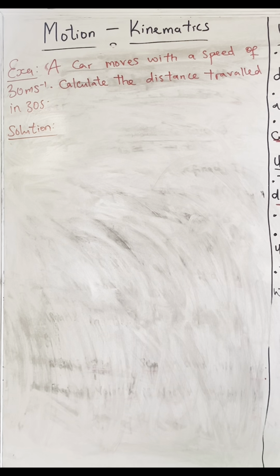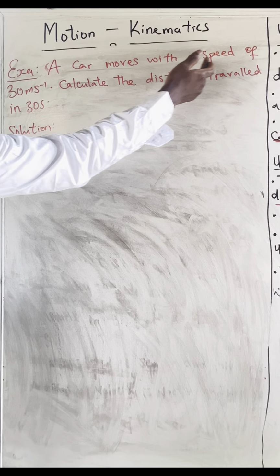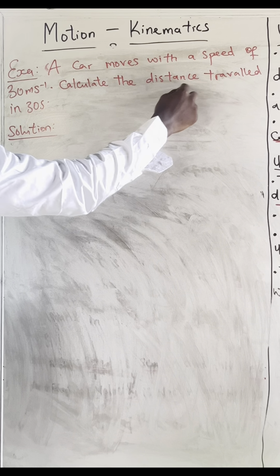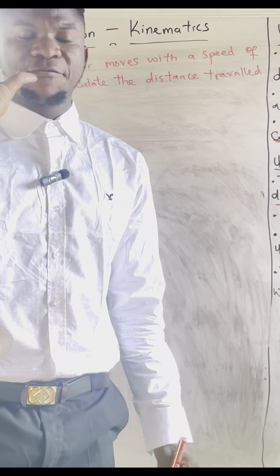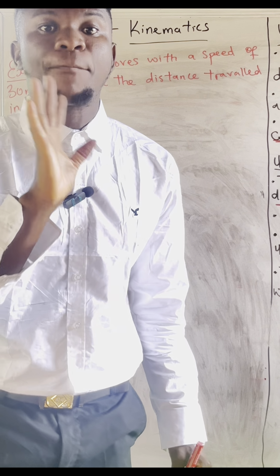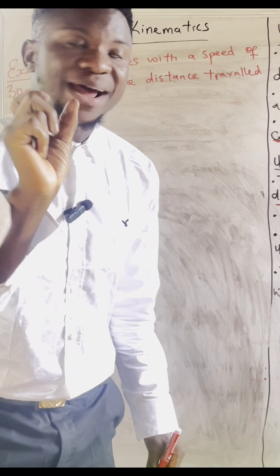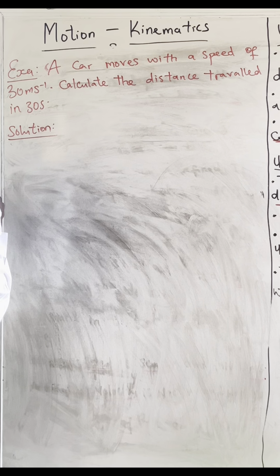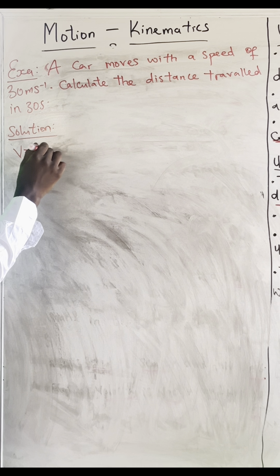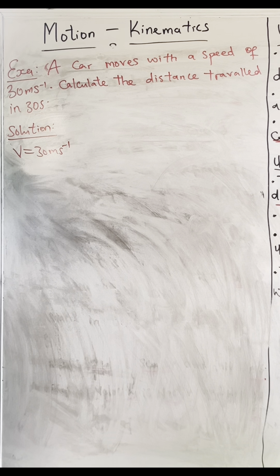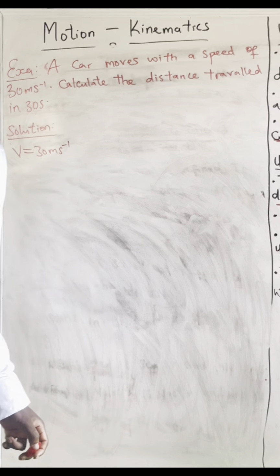So guys, in this example, the question is: a car moves with a speed of 30 meters per second. Calculate the distance traveled in 30 seconds. Guys, whenever you have a physics question, the first thing you should do is to write all the parameters. So they say the speed is 30 meters per second. That's why v is equal to 30 meters per second. That's the speed. So calculate the distance traveled. What are we looking for, guys?